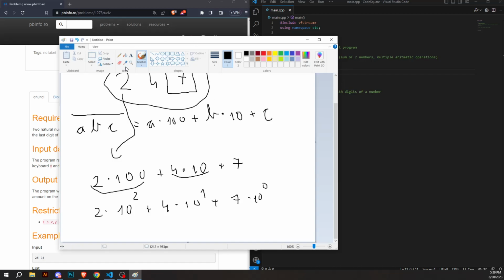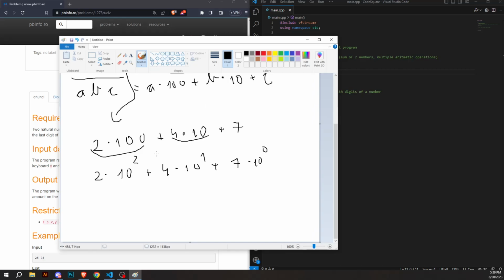So, what's my idea? This can further be written as 10 multiplied by, so what we did here, we are trying to have a common factor, 10 multiplied by 2 times 10 plus 4, and we close the parentheses, plus this last 7.